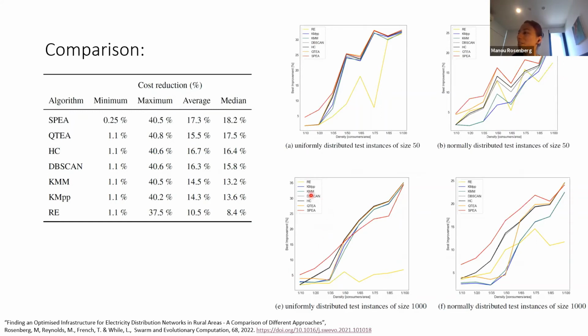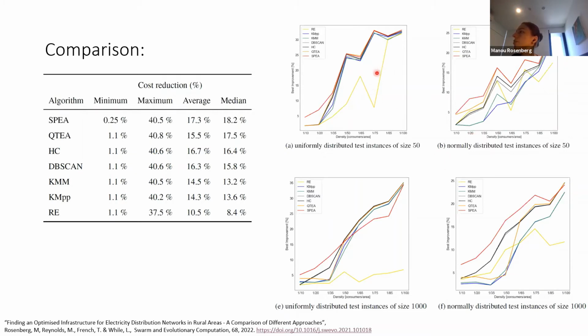If we have a look at, for example, the 50, this is an instance of size 50, so there are 50 consumers, uniformly and normally distributed. The red line is the problem-specific evolutionary algorithm. The yellow line is the removing edges one.